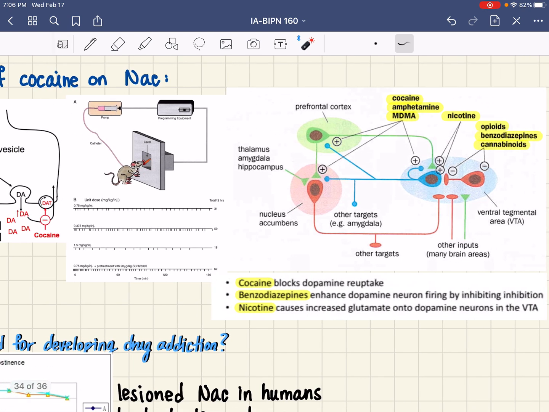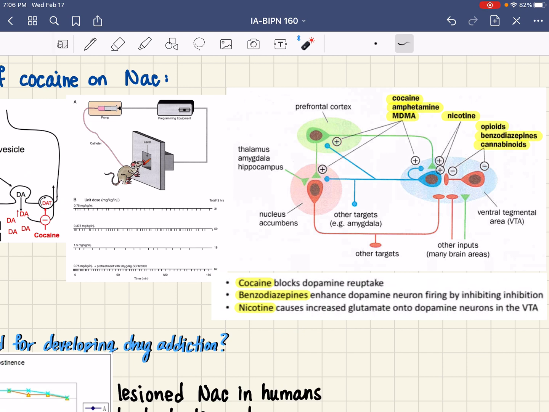In this diagram, it shows how different drugs or different stimulants are affecting which part of the mesolimbic dopamine pathway. For example, cocaine, as we just learned, blocks dopamine reuptake, and it stimulates the dopaminergic neurons by stimulating the ventral tegmental area, nucleus accumbens, and the prefrontal cortex.